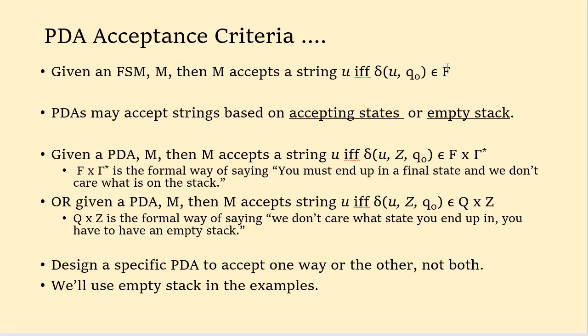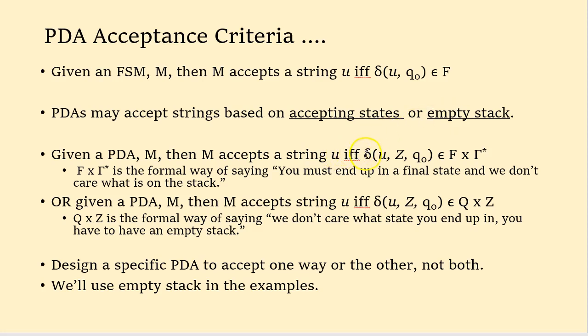And you can accept either by ending up in an accepting state, just like the finite state machine, or you can accept by empty stack, meaning after you process that entire string, look at your stack, and if Z, the symbol for empty stack, is the only thing left on the stack, then you're good. So I'm going to do empty stack as my criteria in the examples.